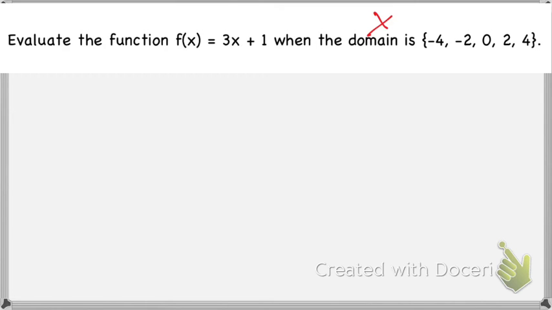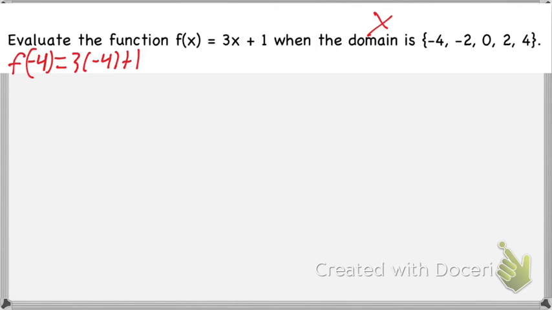So we're going to take f of x equals 3x plus 1. So at first, we're not going to have f of x, we're going to have f of negative 4. And what would f of negative 4 equal? 3 times negative 4 plus 1. So notice there, I just replaced x with negative 4 because that's what my first domain is.